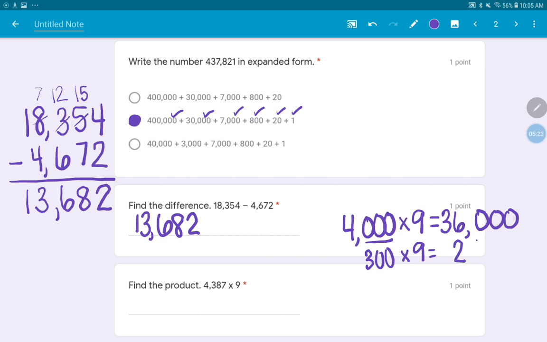And how many zeros do we have? 2 zeros to add, so 2,700.